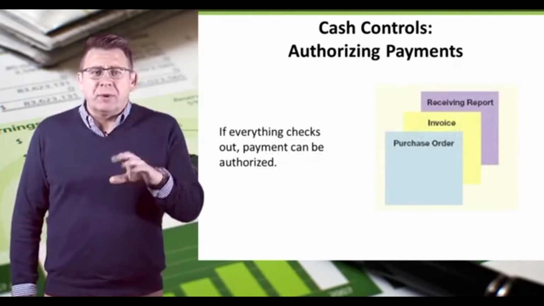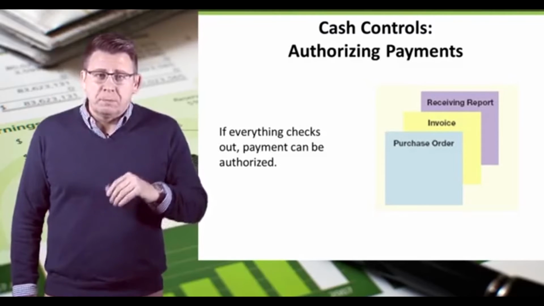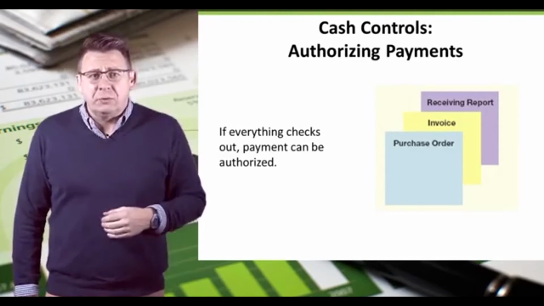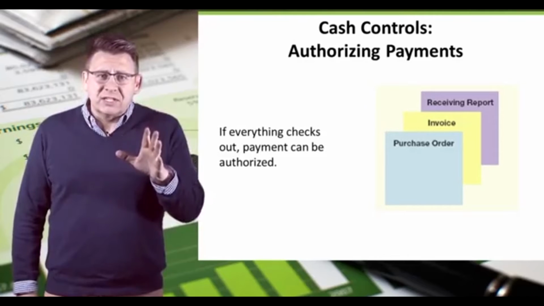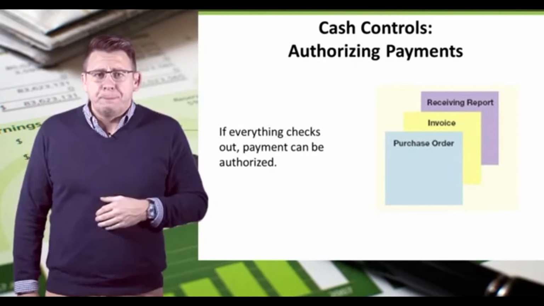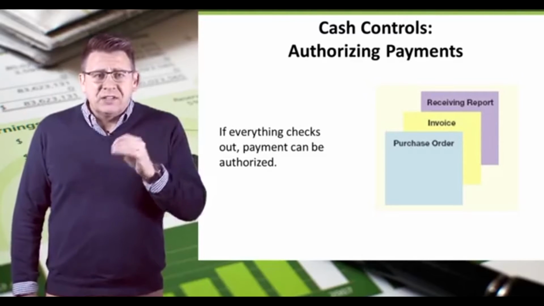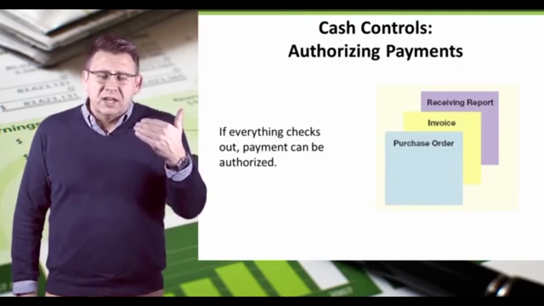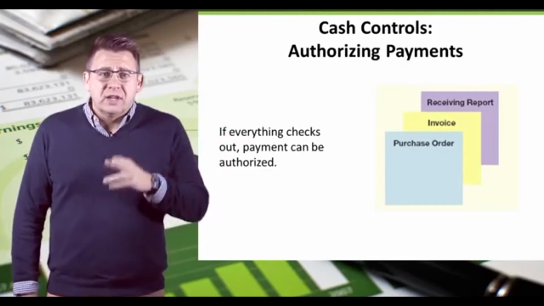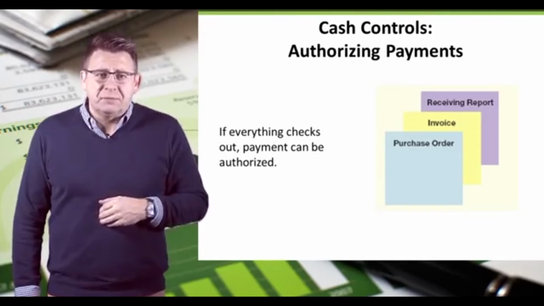Once the accounting department has received a copy of the purchase order, the invoice, and the receiving report, a comparison is made to make sure everything checks out. If it does, the invoice can be processed and authorized for payment. If not, the discrepancies need to be investigated. And that concludes this short video explaining internal controls over cash, receipts, and payments.